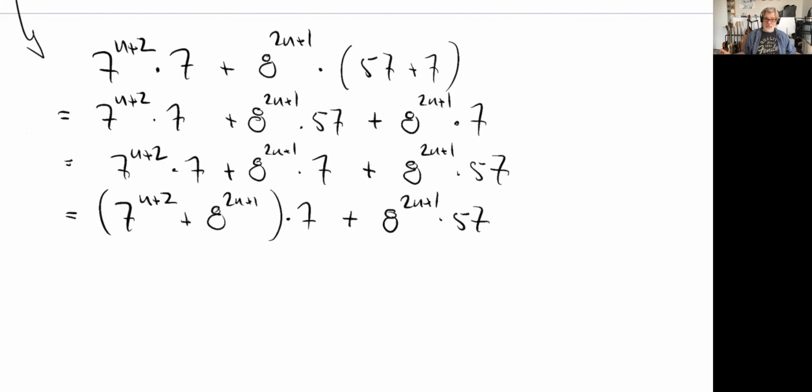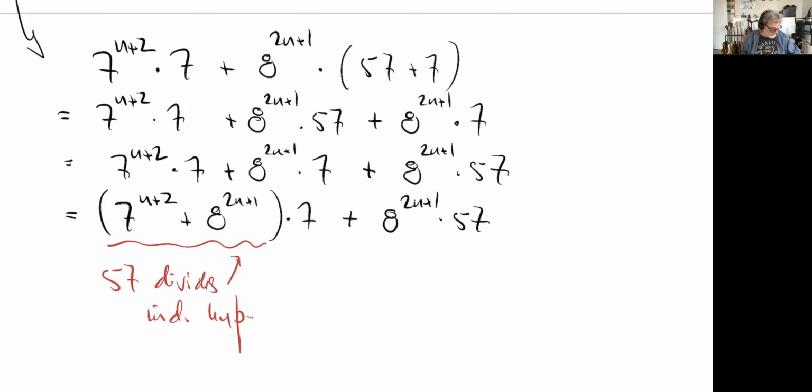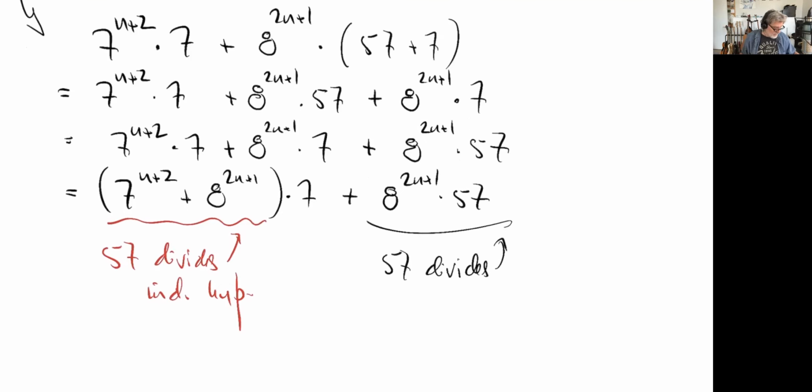And we're good, right? So induction hypothesis: 57 divides this. That's the induction hypothesis, right? 57 divides this. This is obvious. And if 57 divides those two, then it divides their sum. And so 57 divides the whole thing.